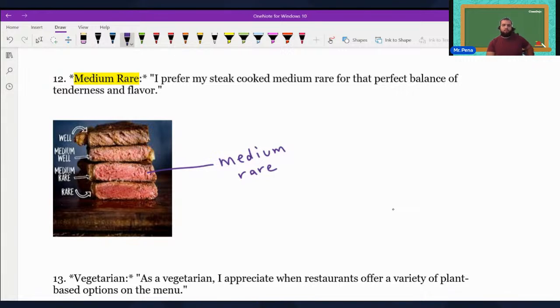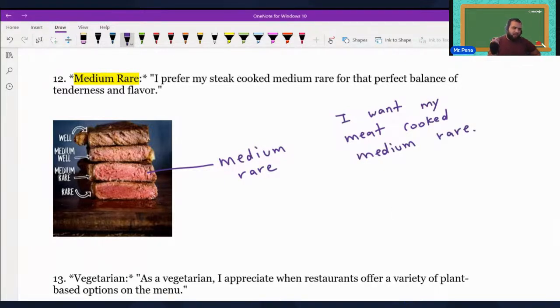So, the chef asks you, how do you want your food cooked? And you say, I want my meat cooked medium rare. This is as small as I can make it. I'm trying my best. I want my meat cooked medium rare.